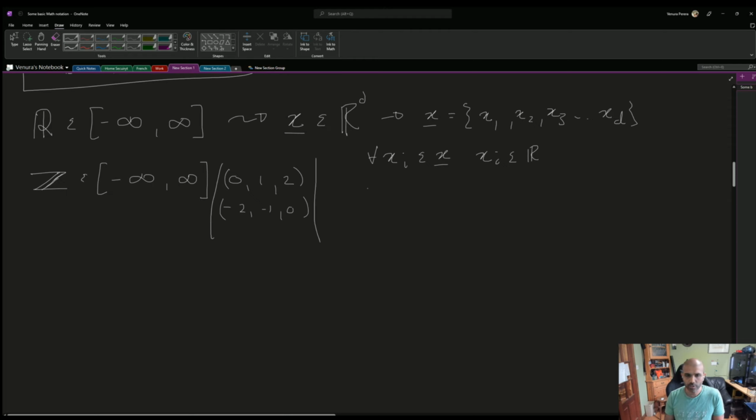If I ever write this notation where I say i is contained in our integer space, what that means is that i is a whole number. And we'll use this quite a lot for our indices, where this i is in the integer space.